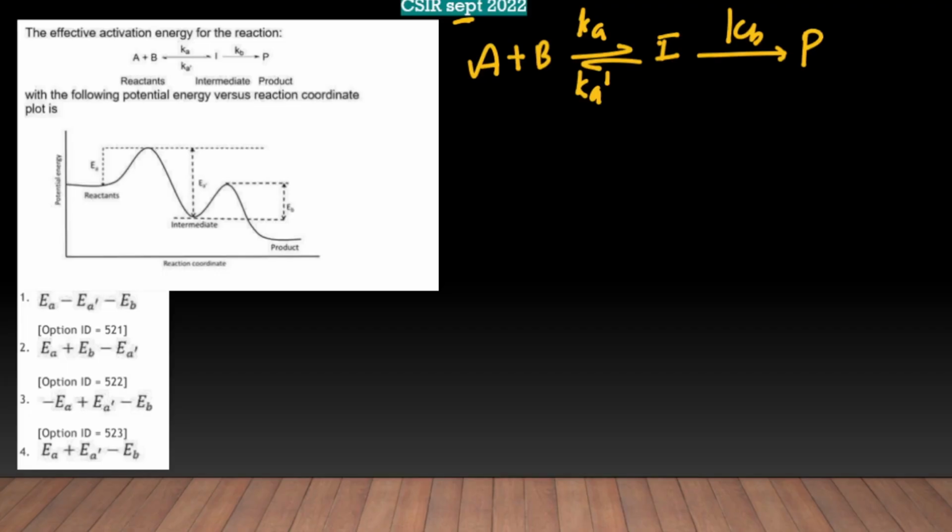So for that, we need the overall rate expression. So the final step in which the product formation is taking place is this one with the rate constant Kb.